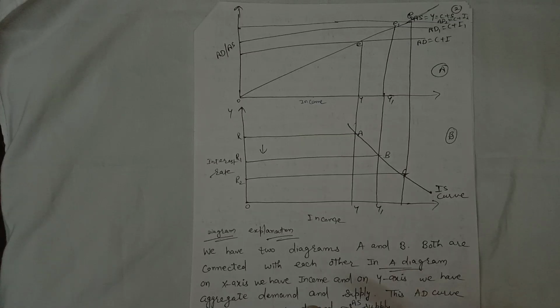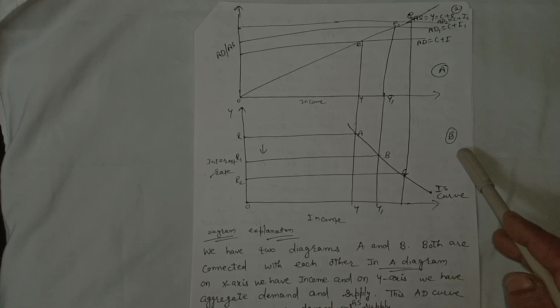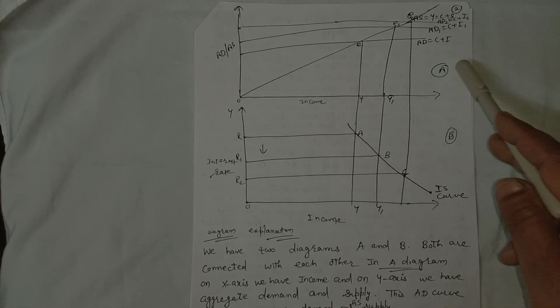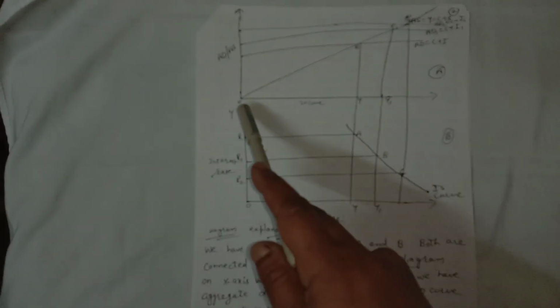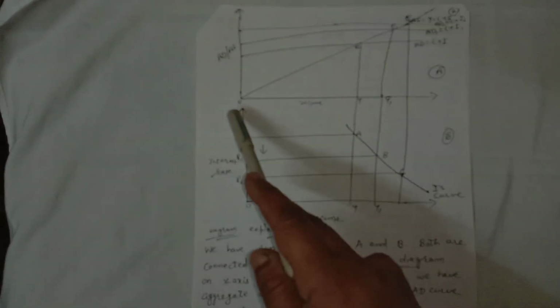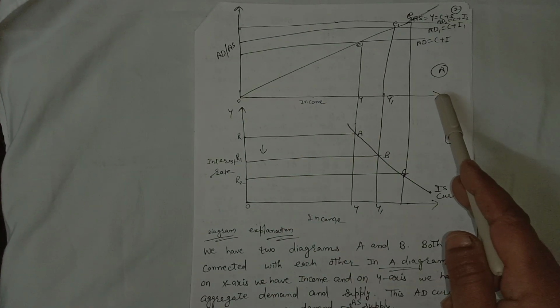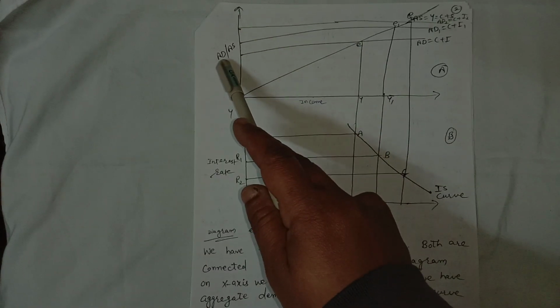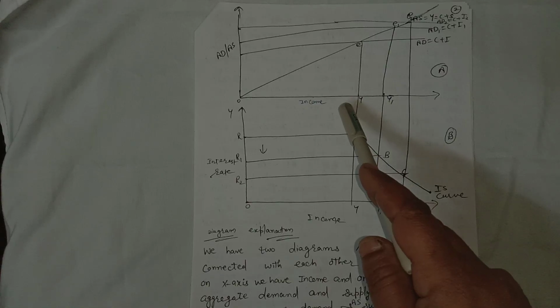So I will make you understand how to derive this IS curve with the help of these two diagrams. This is diagram A and this is diagram B. They both are connected with each other. So in the first diagram, this is the y-axis and this is the x-axis. On the y-axis I have aggregate demand and aggregate supply. On the x-axis I have income.